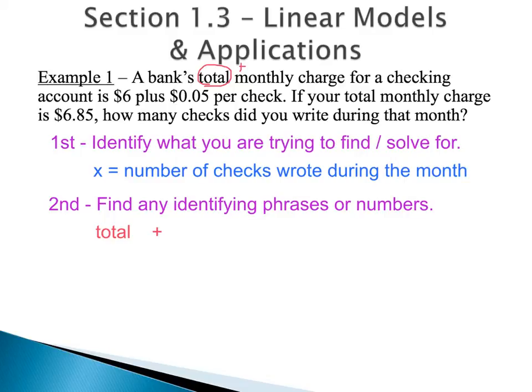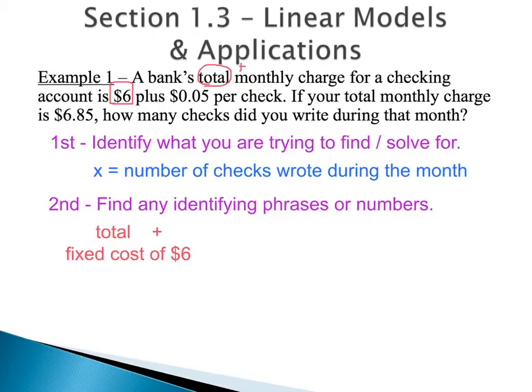So a bank's total, addition, monthly charge for a checking account is $6 plus 5 cents per check. So we have that total is going to mean plus. That $6 is going to come in here at some point. It seems like that $6 is a fixed cost. No matter if I wrote no checks or 50 checks, I'm still going to be charged at least $6.